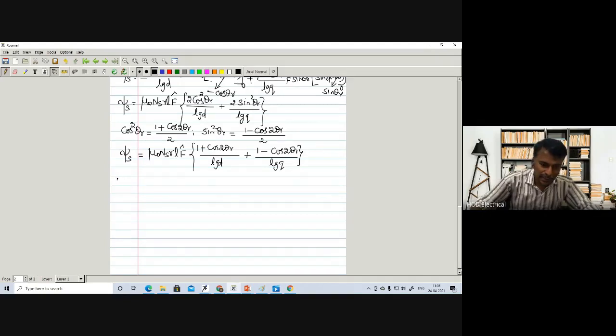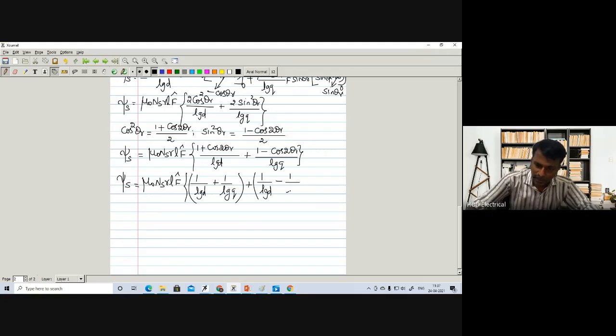Therefore, psi s is nothing but mu naught ns r into L into f cap into 1 by LGD plus 1 by LGQ, this is the one term, plus 1 by LGD minus 1 by LGQ into cos 2 theta.